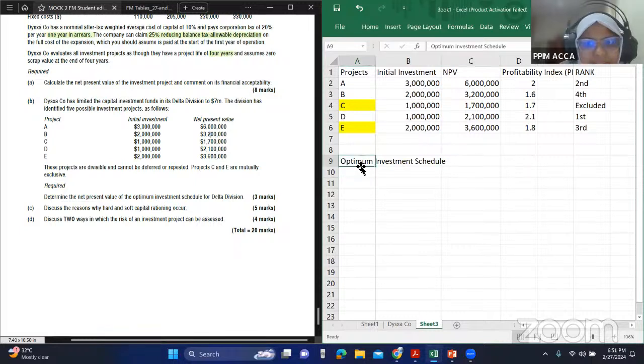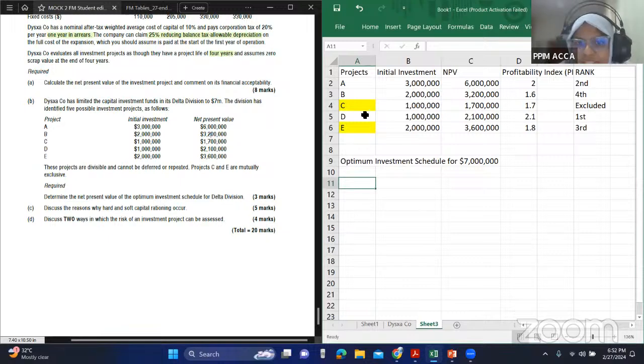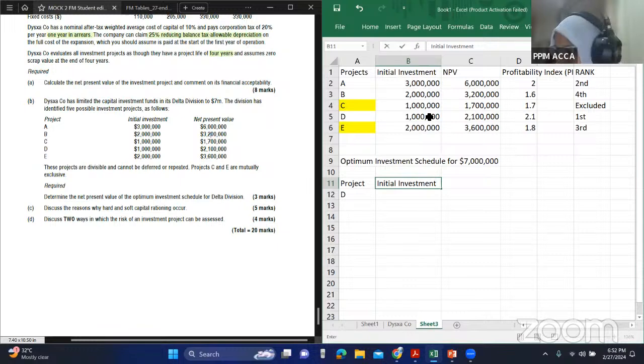First, we have to remember that we only have 7 million in hand. The first project is D, so let's do that. What is the initial investment in project D? It is 1 million.